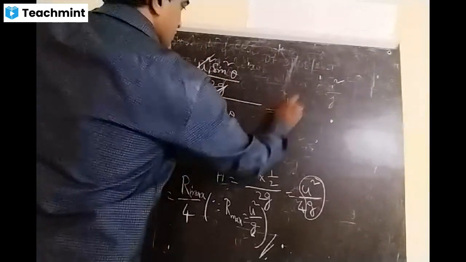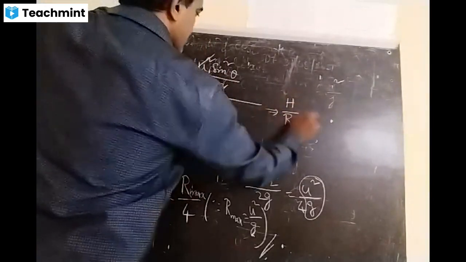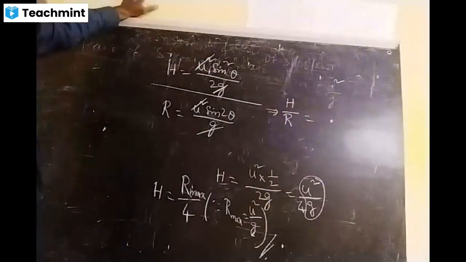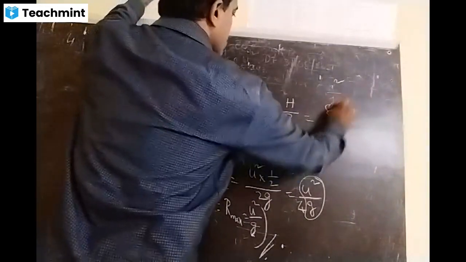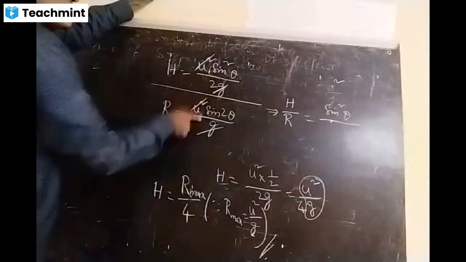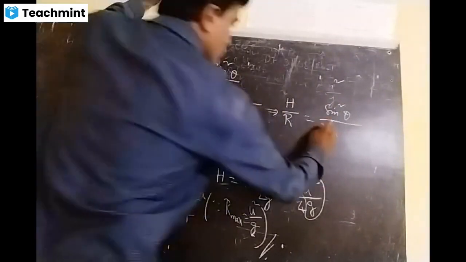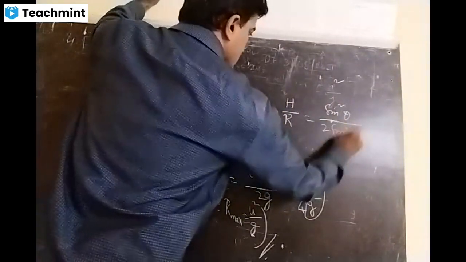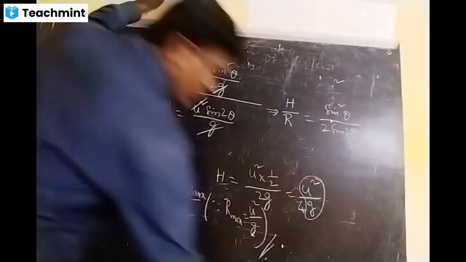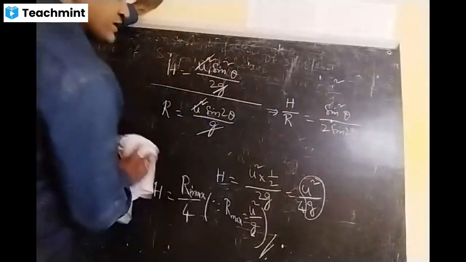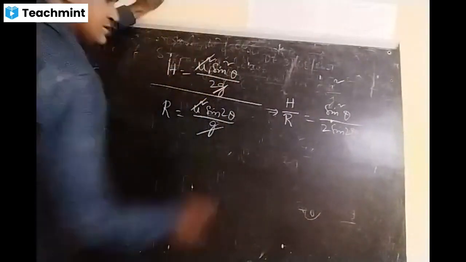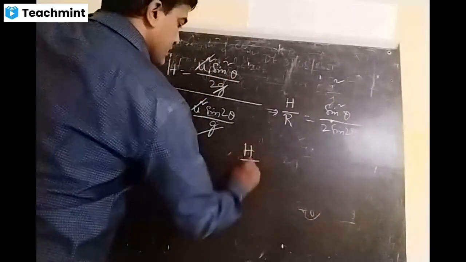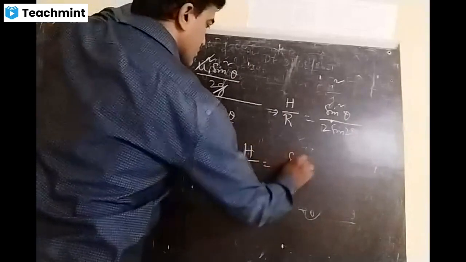Now on the left-hand side you have H by R. H by R is equal to sin square theta by 2, divided by sin 2 theta. What is the value of sin 2 theta when you expand? 2 sin theta cos theta.